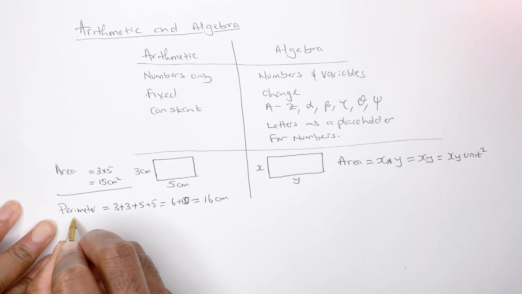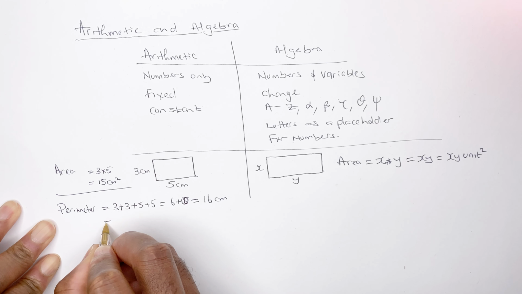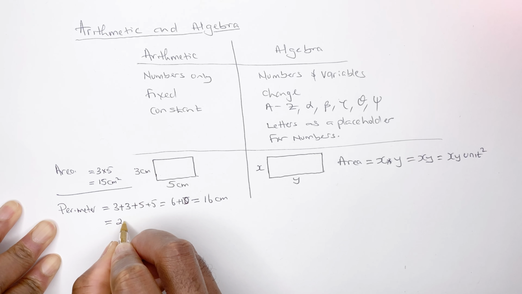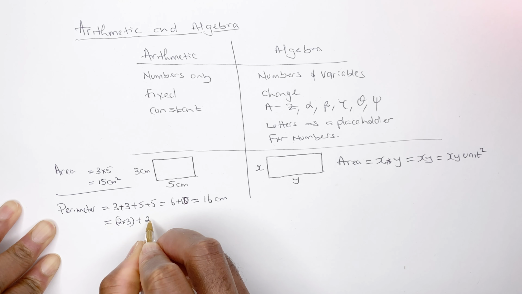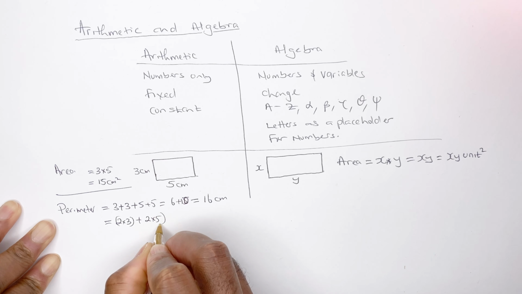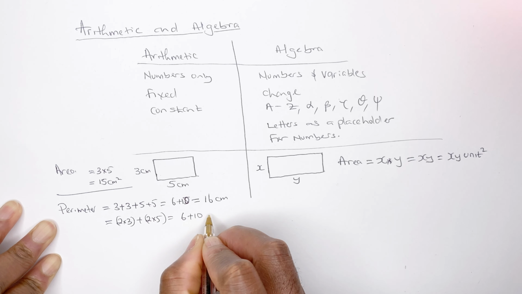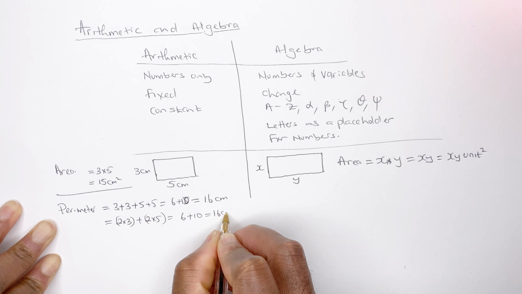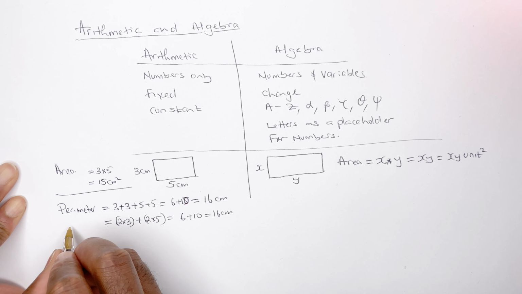So this is actually what we call an arithmetic expression. So we could say it's 2 times 3 plus 2 times 5, which becomes 6 plus 10, which is again 16 centimeters. So that's what we call an arithmetic expression.